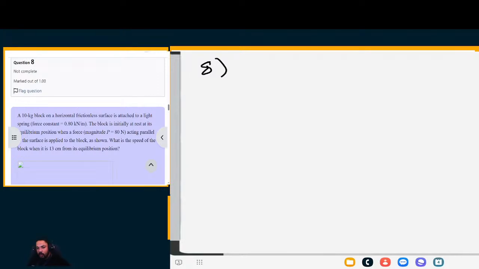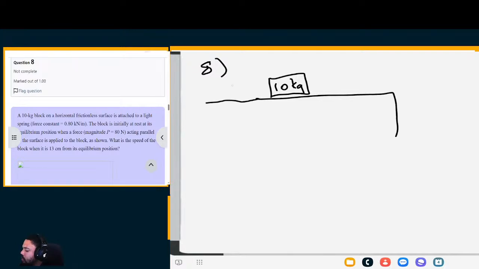Okay, so let's try and draw. We have a 10 kilogram block on a horizontal frictionless surface. That's 10 kilos. And this block is attached to a spring, a light spring which has a force constant.